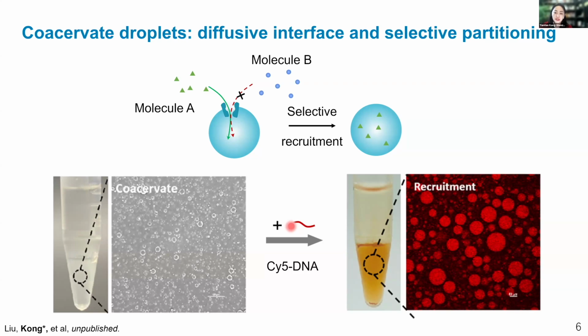Their soft, dynamic interface allows certain molecules to enter while excluding others. This tunable partitioning is very useful for understanding membraneless organelles, and also for applications such as targeted encapsulation, bioseparation, or controlled chemical reactions.